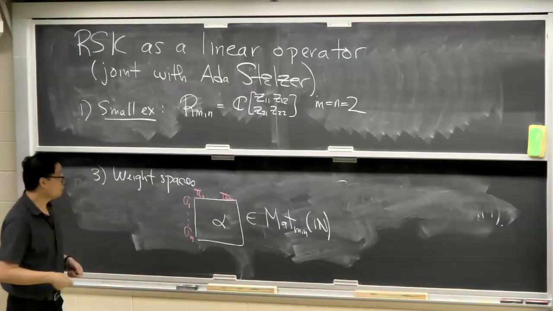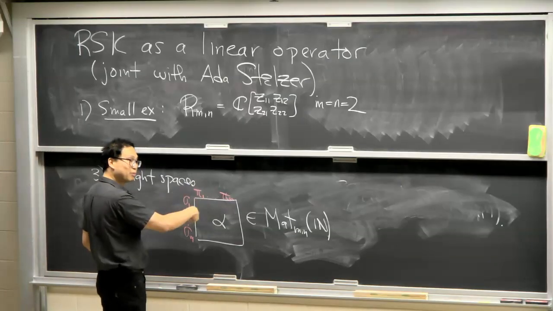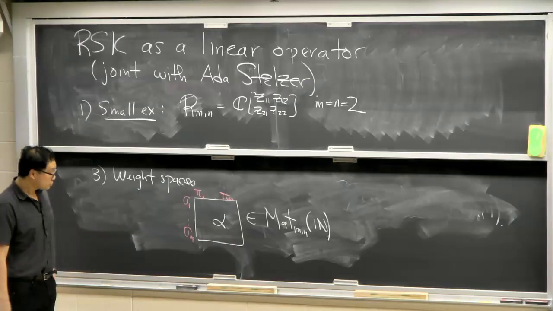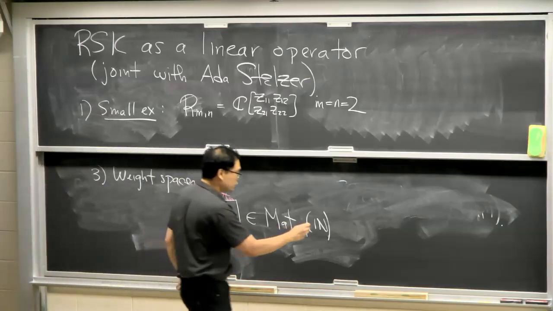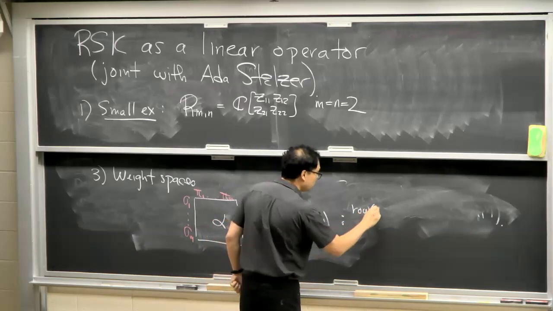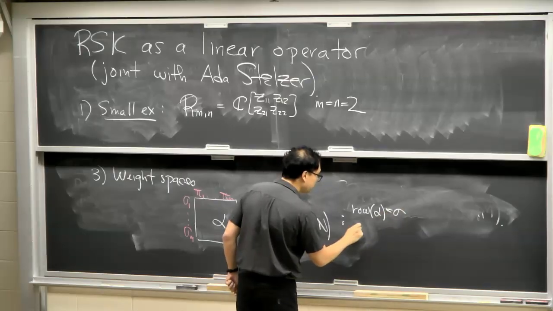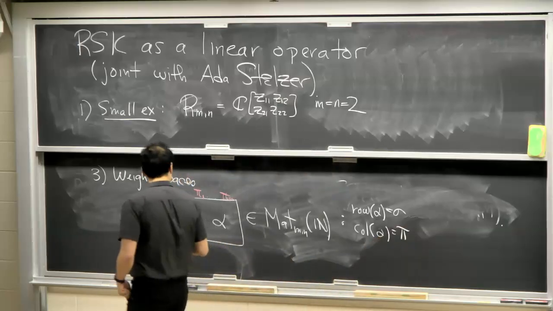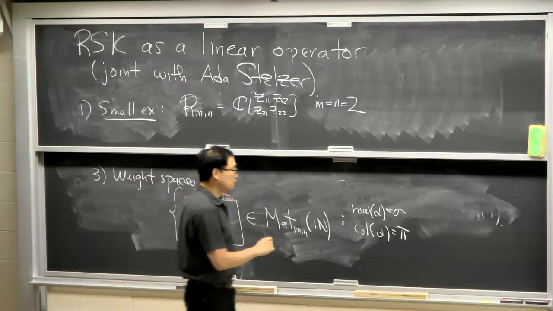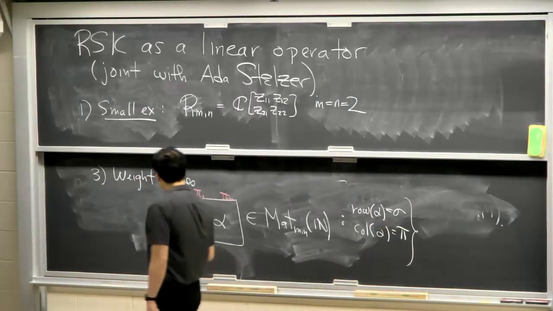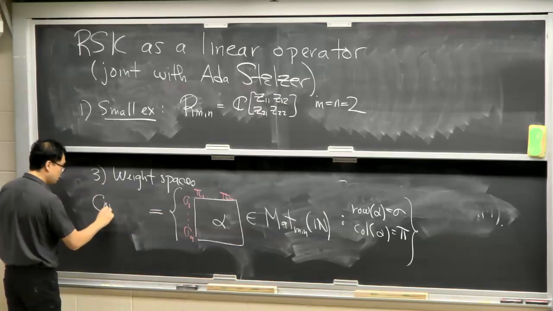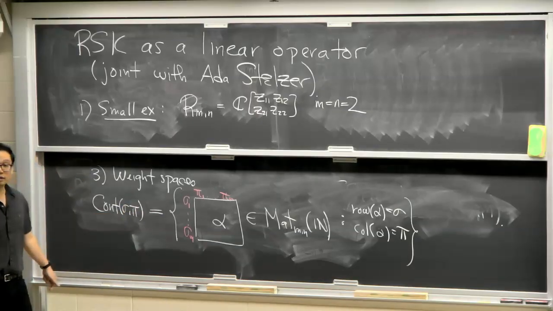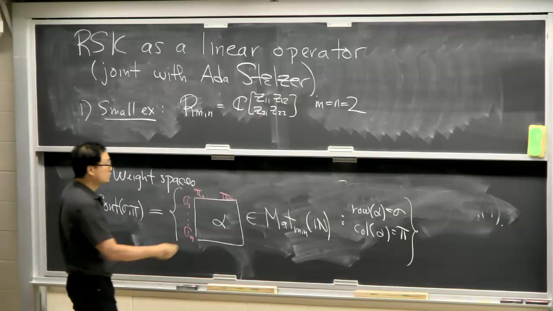So you're asking for all matrices with these row and column sums, like a transportation polytope type thing, right? That have this property. So I'll just denote that by row of alpha is sigma and column of alpha is pi. The collection of all such matrices I will denote by this symbol. So really it depends on M and N, I guess, as well. These are contingency tables, if you want to look them up.